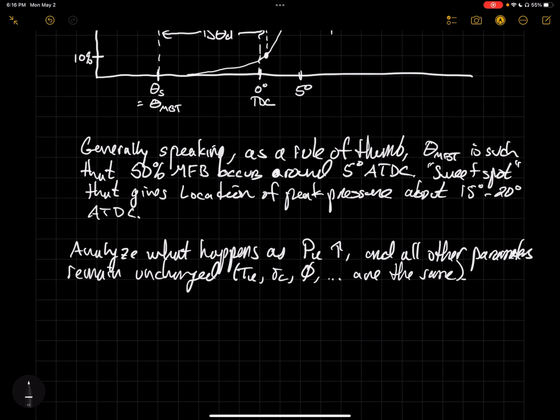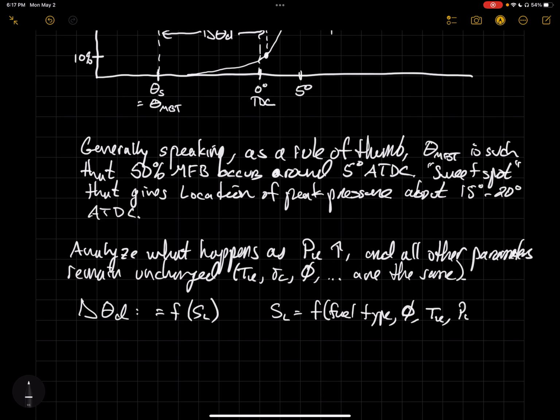Well, let's first of all look at our flame initiation period, delta theta D, right? Remember that the flame initiation period is a function of the laminar flame speed, S sub L. And the laminar flame speed is a function of fuel type, equivalence ratio, unburned gas temperature, unburned gas pressure, and EGR level.